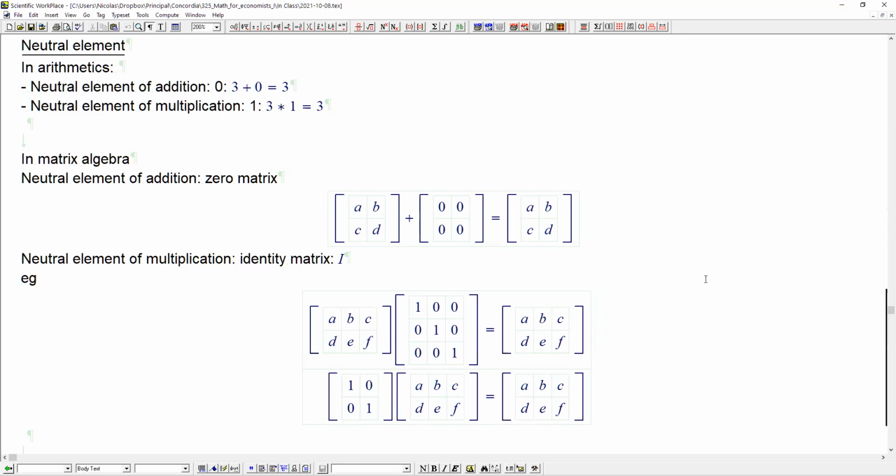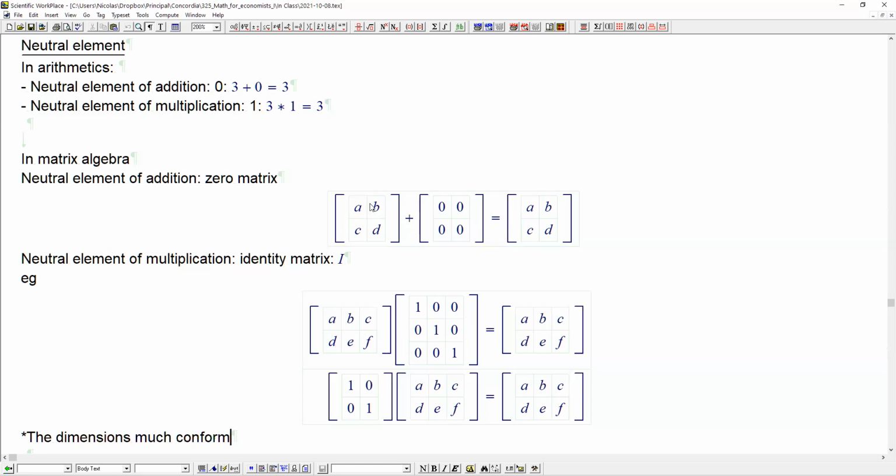And of course, crucial point, the number of elements, the dimensions. So that's true for, of course, the 0 matrix.